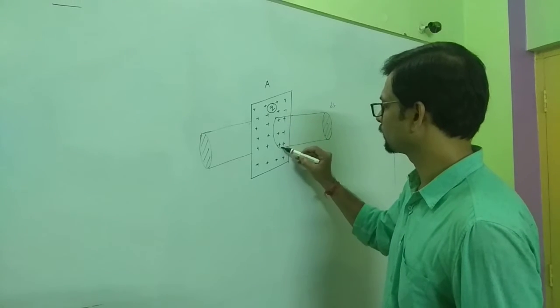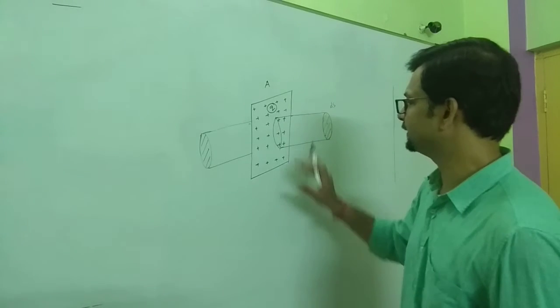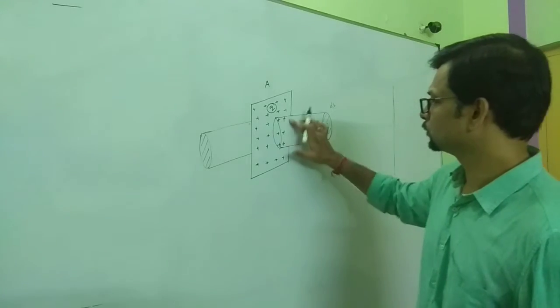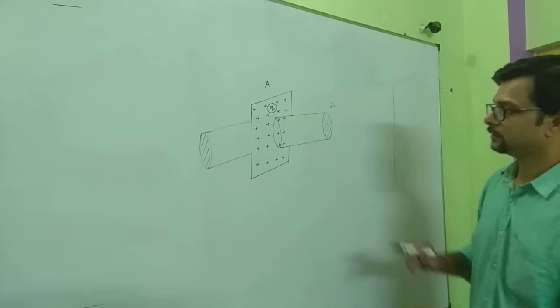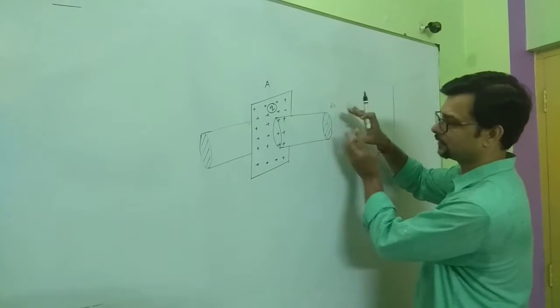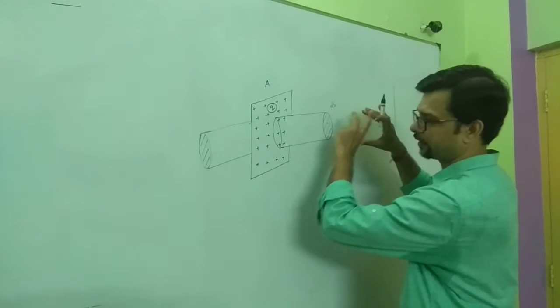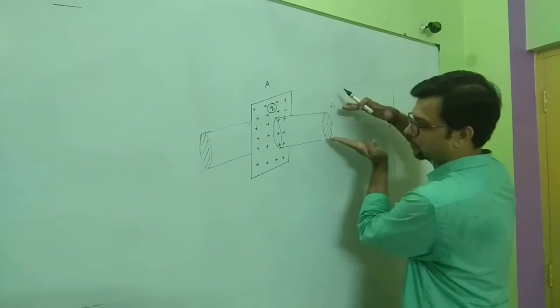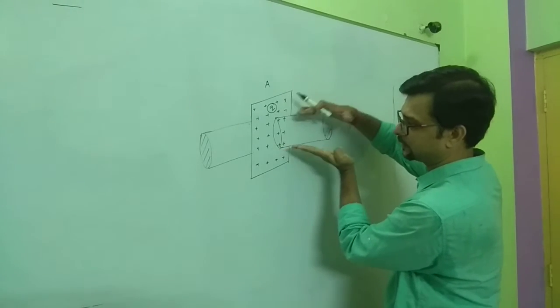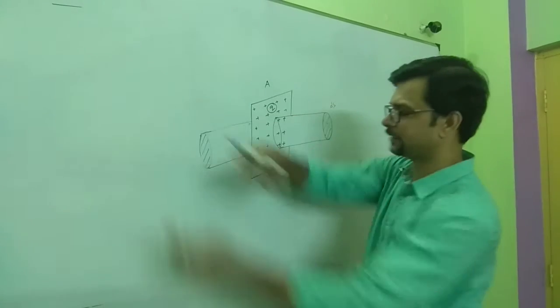So the concept is, actually this imaginary cylinder is a horizontal cylinder. It will be going through this thin sheet. It is penetrating the sheet and going to that side.